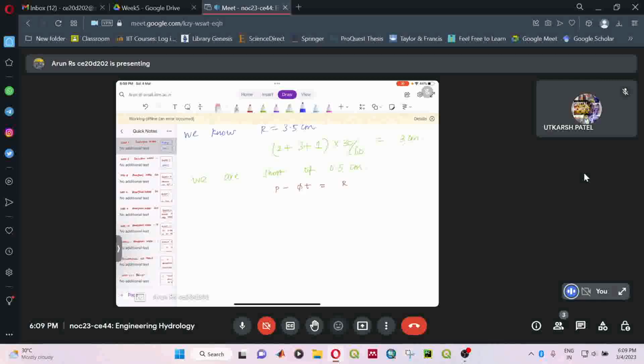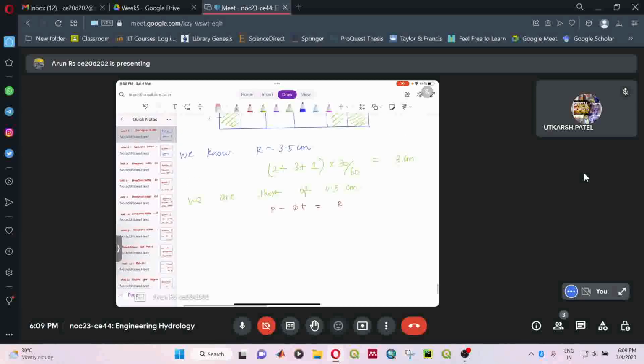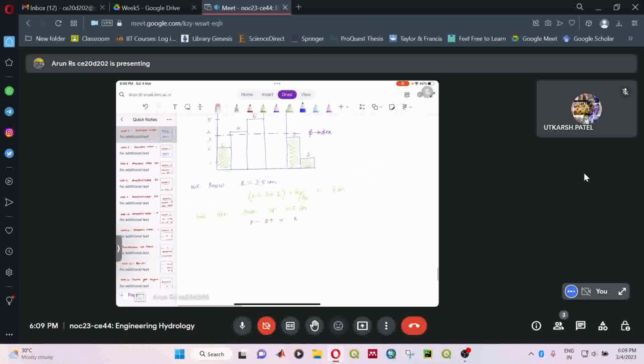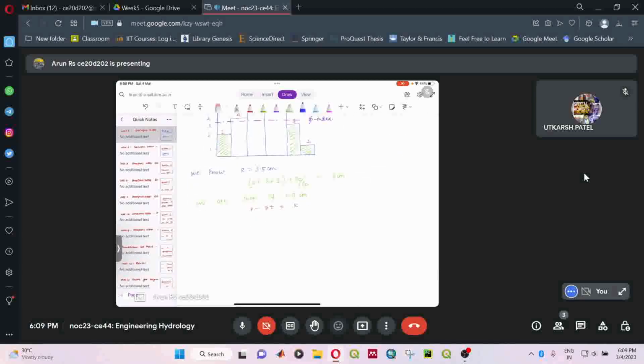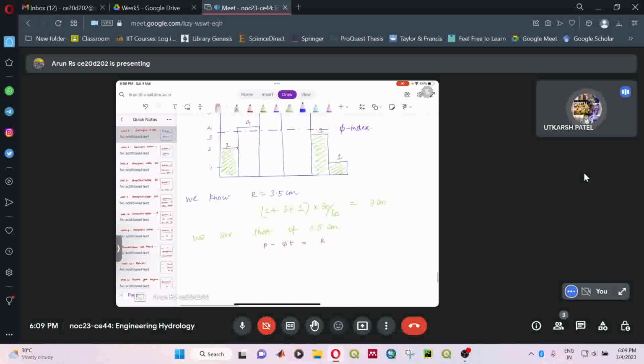So if we calculate, whatever the blocks it is cutting, we have to take. It is cutting 4, 5, 8.